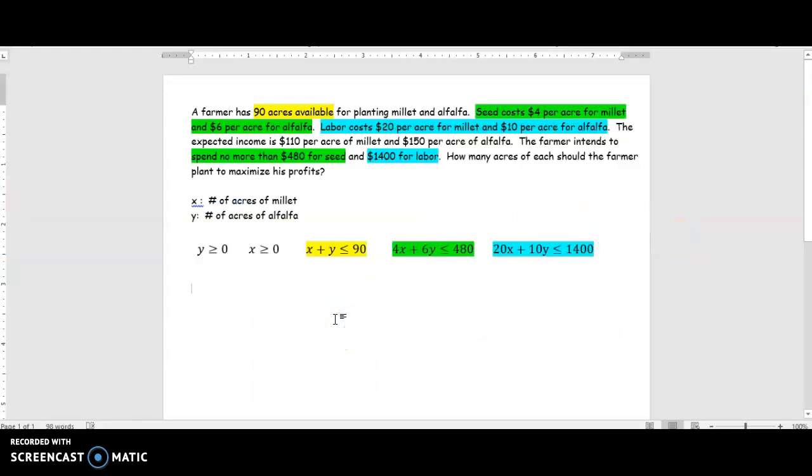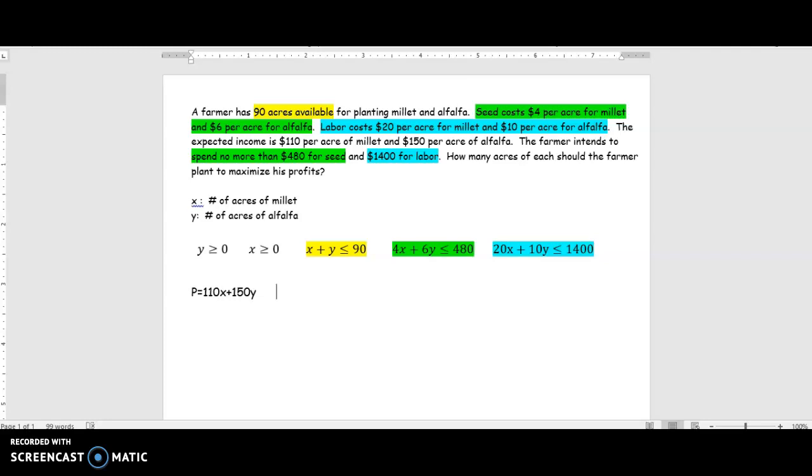So our equation for our profit is going to be P equals, it looks like we are making 110x plus 150y. Now what I'm going to do is solve that for y.